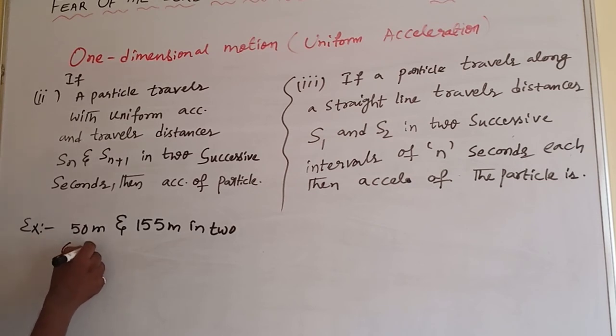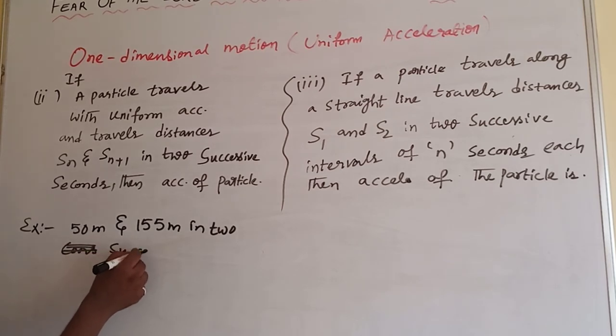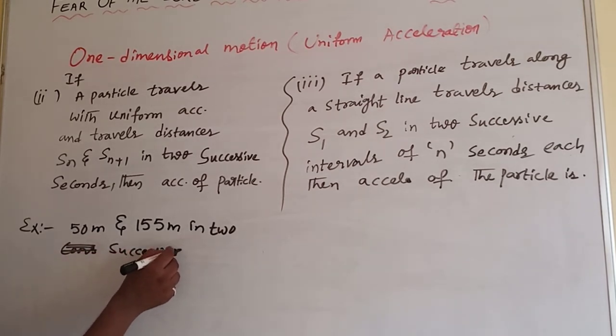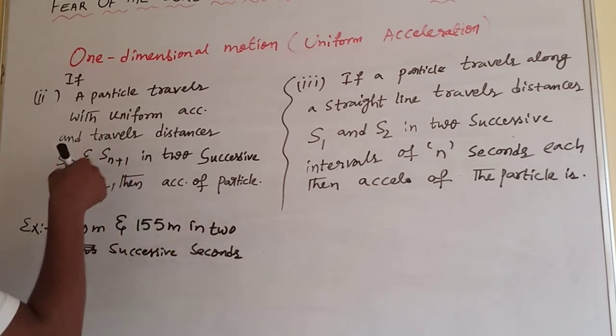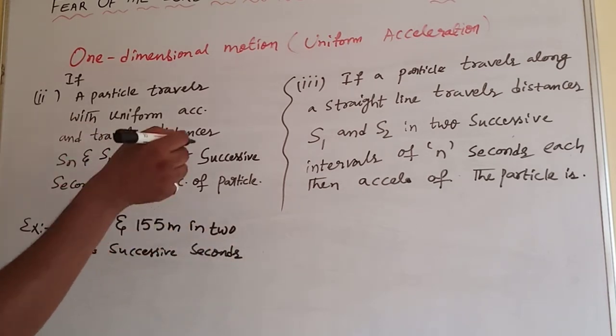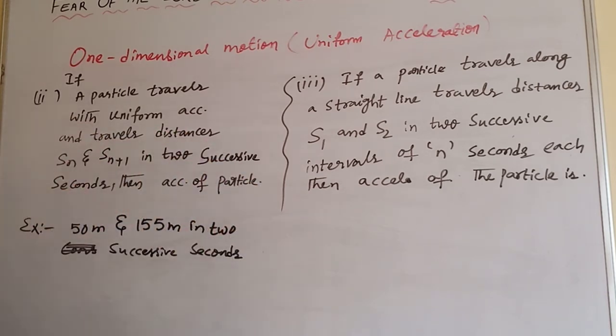Consecutive, not successive, means one after one. Just like after one you get two, after two you get three. That is called successive. Then what is the acceleration?